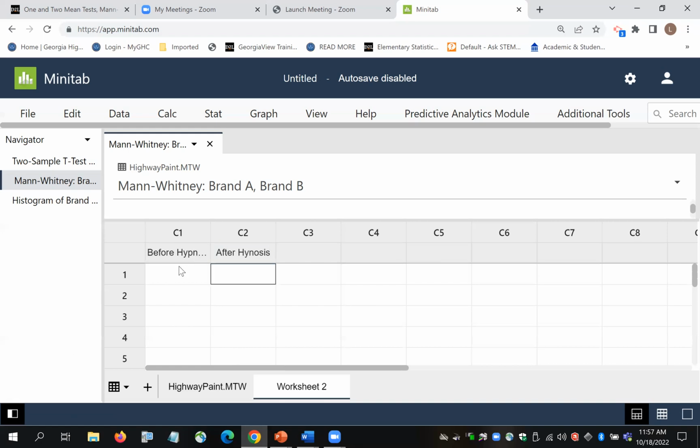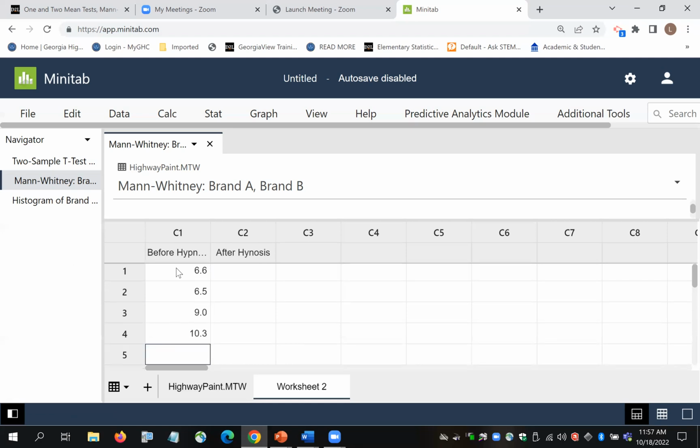And we enter the data from the problem, which I'm doing, so give me just a minute. I put the before in, and then I'm going back and putting the after.